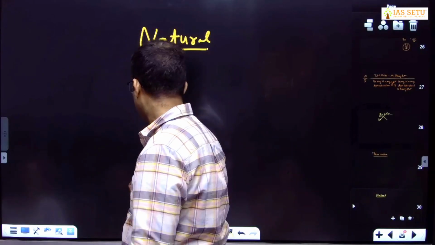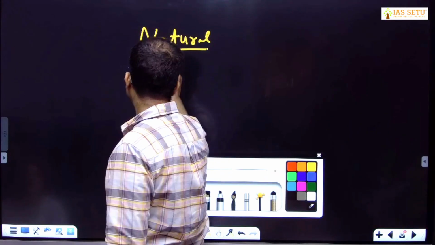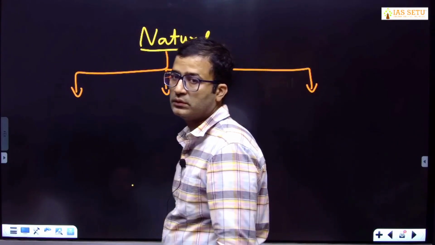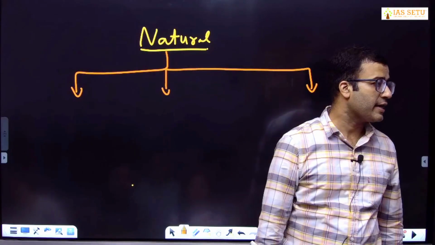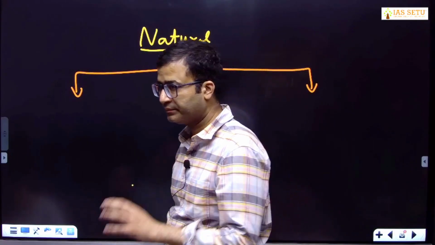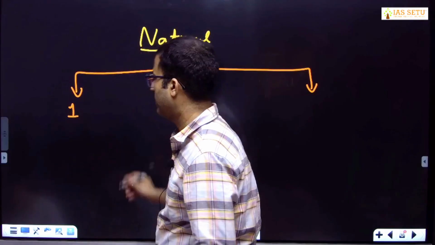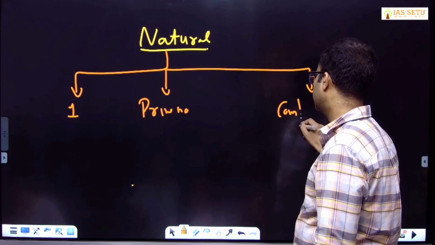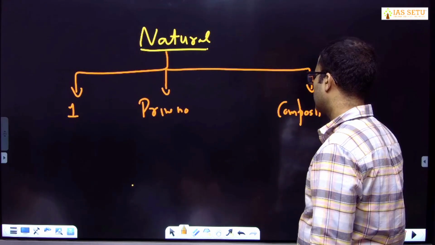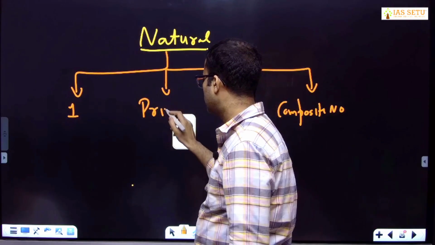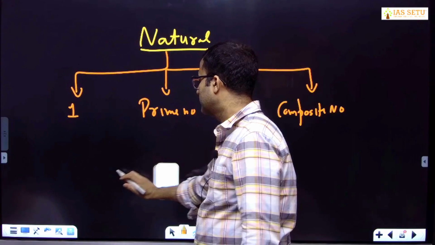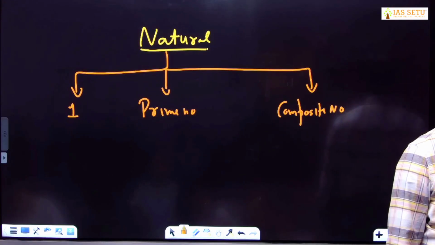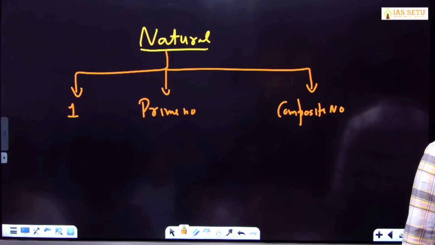So what we do, we categorize natural numbers in 3 categories. नेचुरल नंबर को हम 3 कैटेगरी में बांटेंगे. 1, प्राइम नंबर और कंपोजिट नंबर. And let me tell you, there is no overlapping. कोई ओवरलैपिंग नहीं है. 1, prime number, composite.